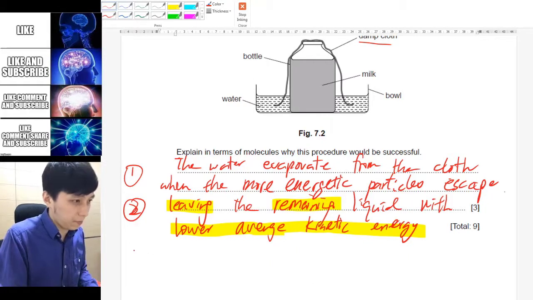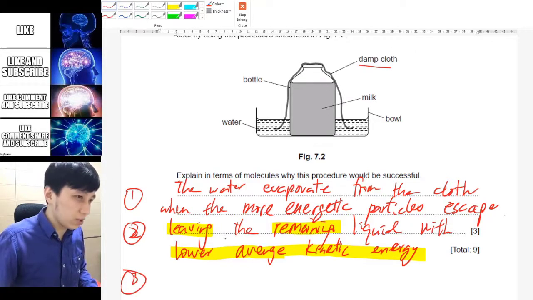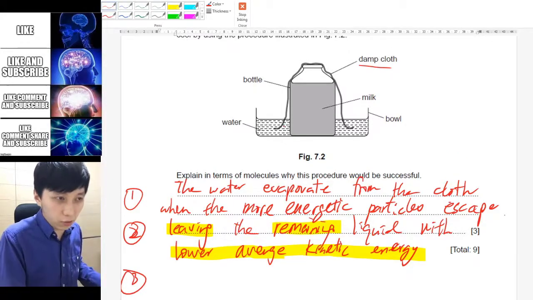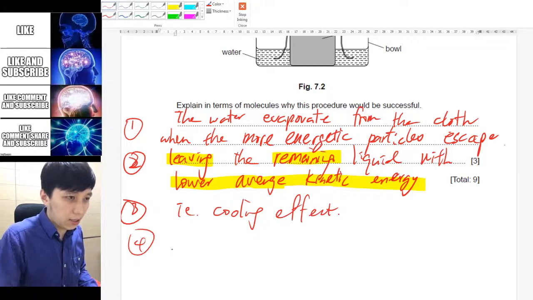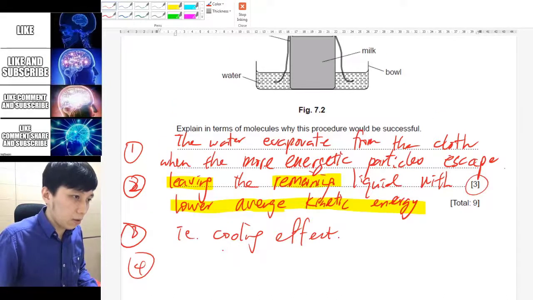And then number 2 is just saying the water gets cooler, or you can simply add that it is the cooling effect. I'm not sure if these count as 1 mark, but let's say it is. Then you want to write more, although I know it's only 3 marks.